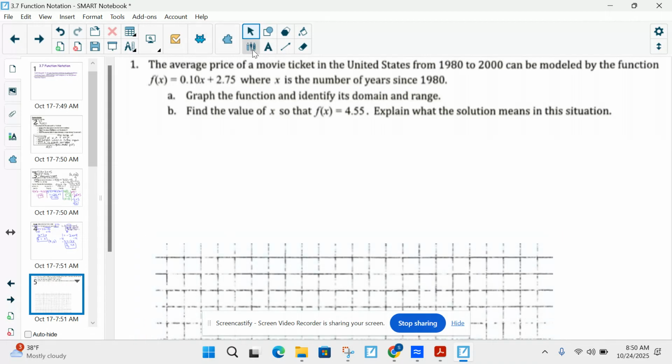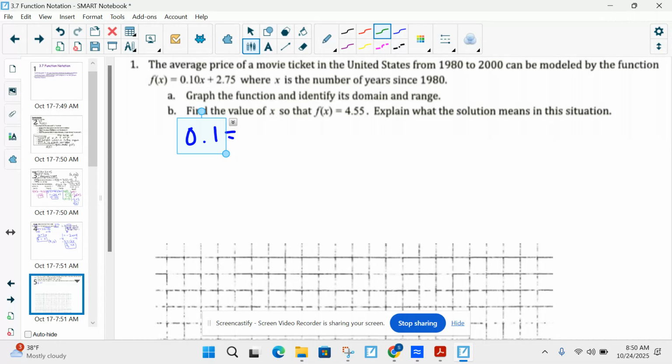So let's look at this equation first. What does the 0.1 represent? This doesn't ask this in the question. I'm just asking it so we can understand it. What does the 0.1 represent? I saw some hands and now I don't see hands. Lucas?